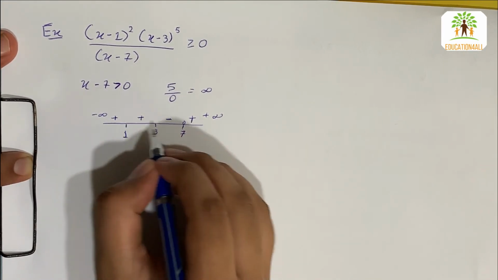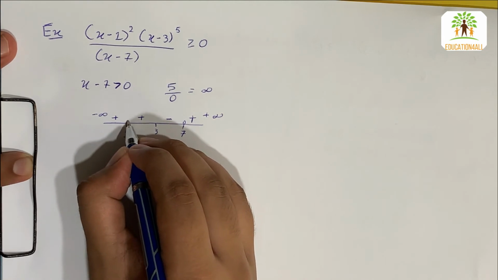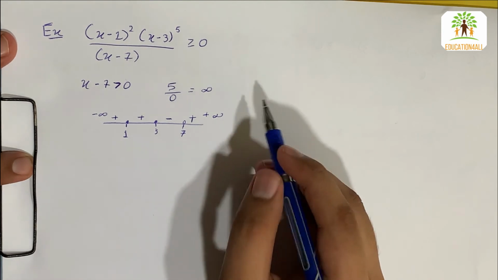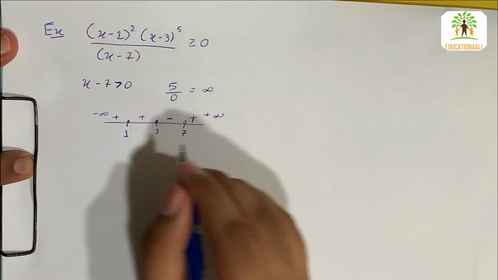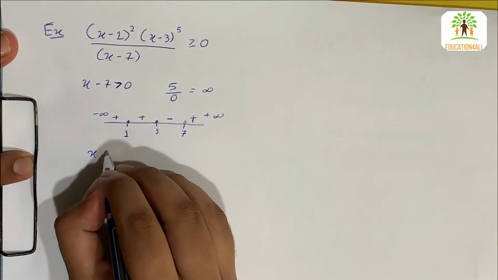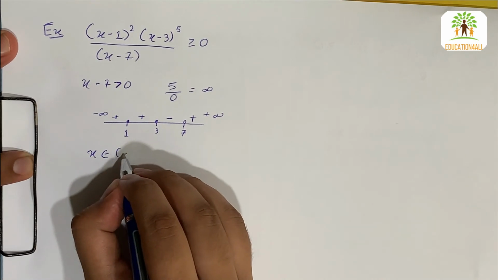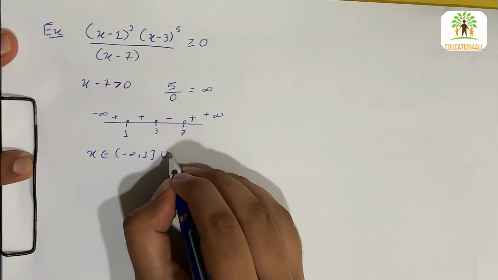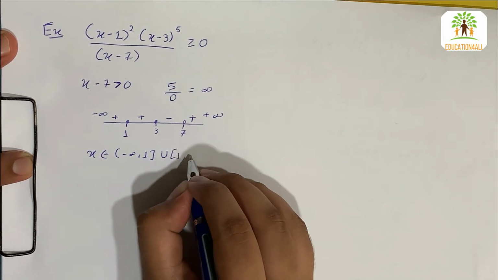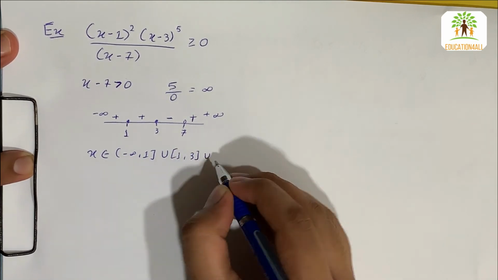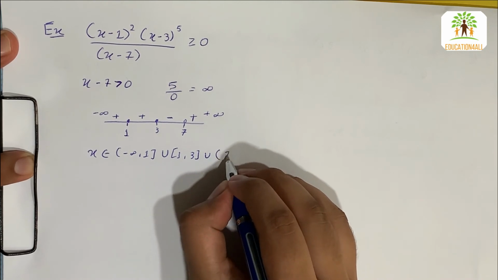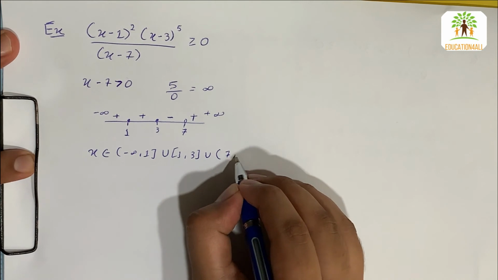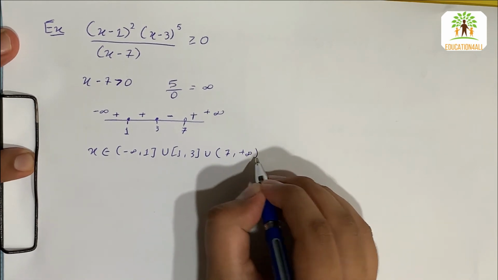These two are both closed points, so we can denote them by putting a small dot on them. Now, as we have the greater than sign, the answer we will get is x belongs to minus infinity comma 1 union 1 comma 3 union open bracket here because, as you know, 7 is an open point and not a closed point, union 7 comma plus infinity.